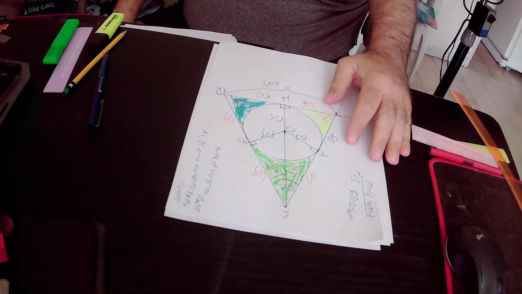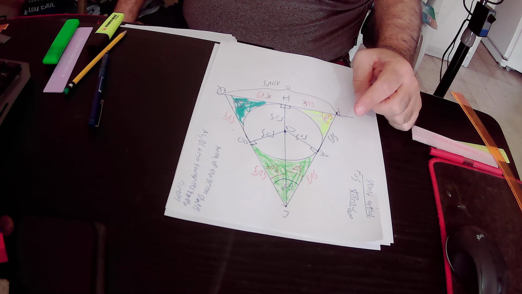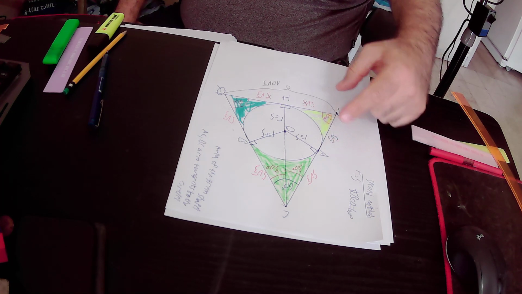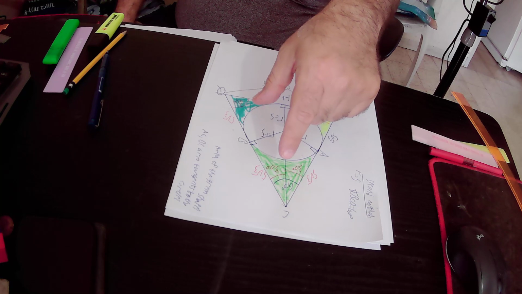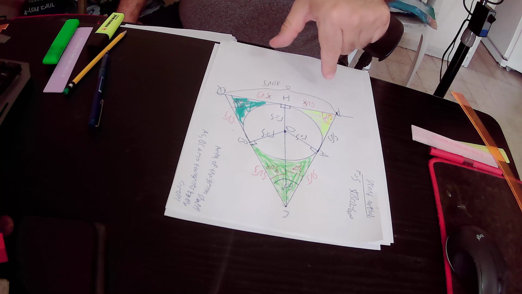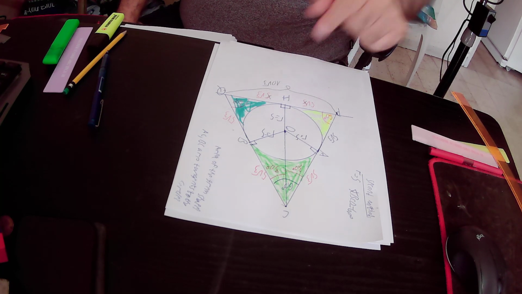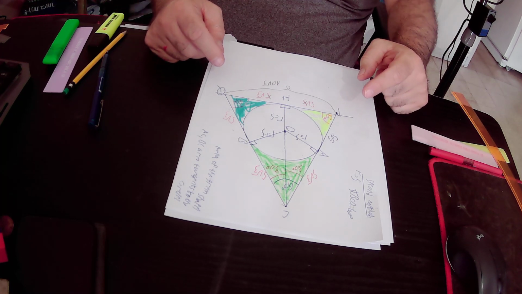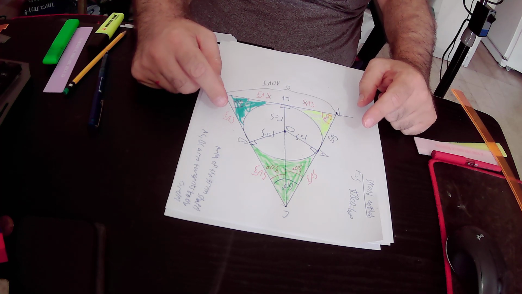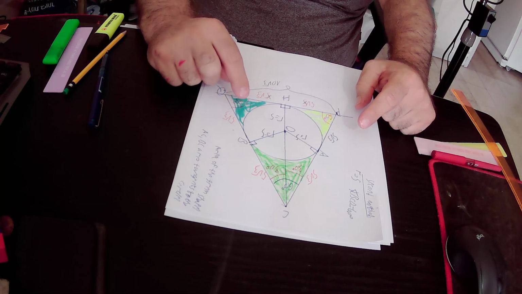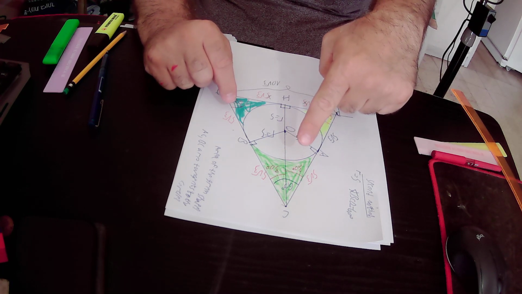Actually, we extended AC and BC until they touch the tangent edge, and in this way we created equilateral triangle CPQ, and the area of triangle CPQ minus the area of the circle over 3 equals the area of this green shape.